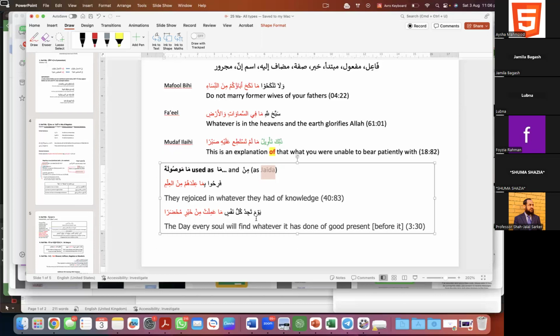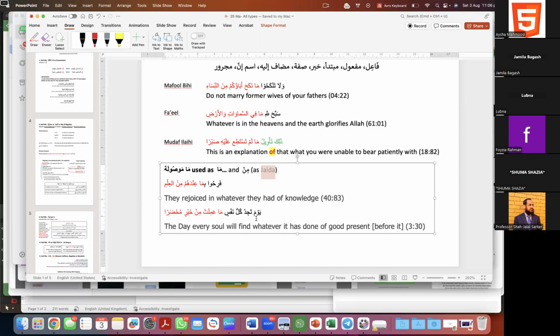Whatever knowledge they have, they were happy with that. In that min and ma relationship, min actually is not doing anything. It could have been ma indahumul ilm, but min is added, doing nothing. So with ma, there may sometimes be a min coming as zaida. That's it.